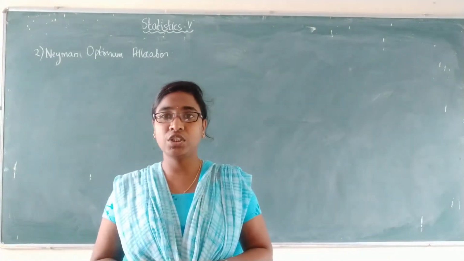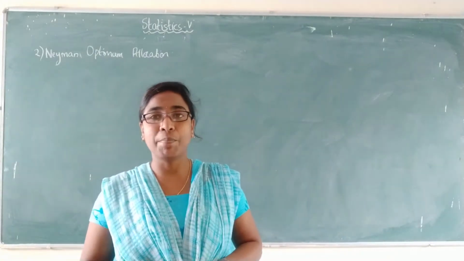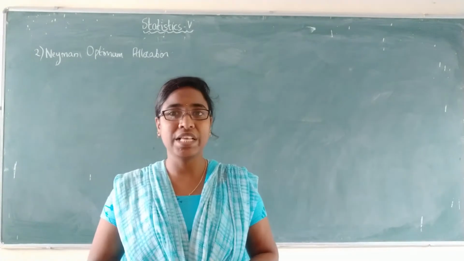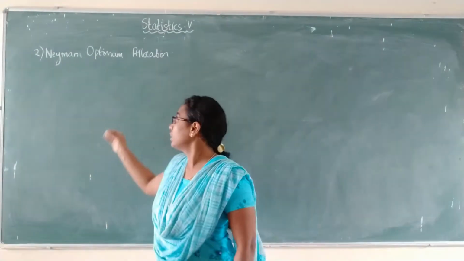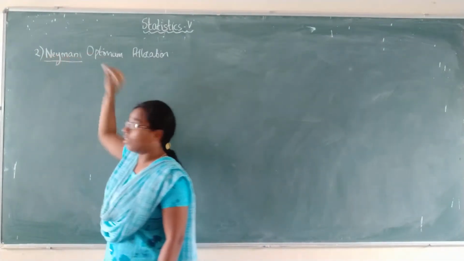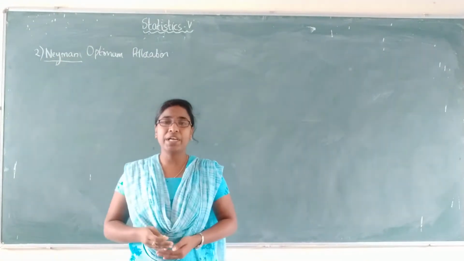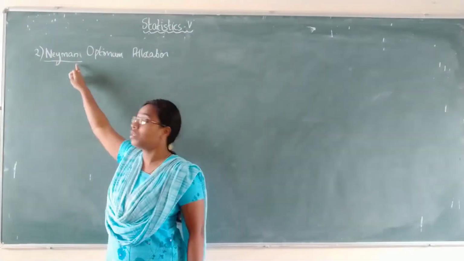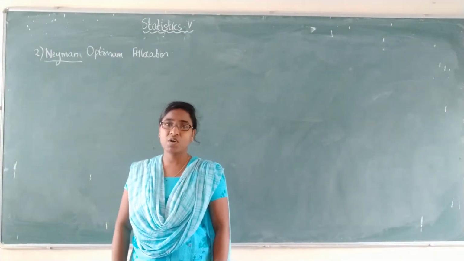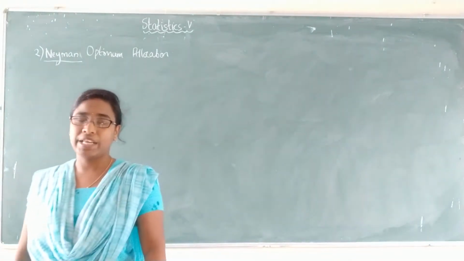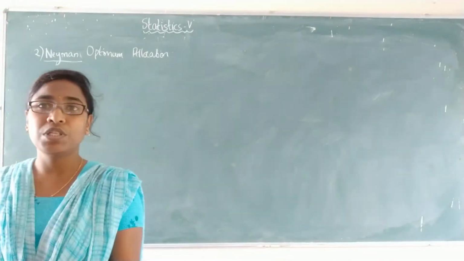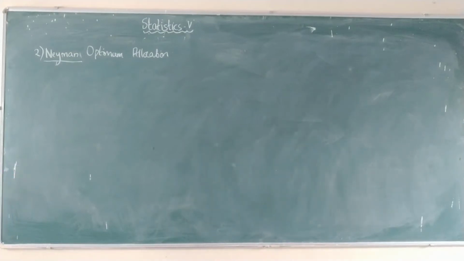This allocation of sample size is dependent on the rules given by the statistician Neyman, so this allocation is called Neyman optimum allocation. What are the rules? We will see them now. There are basically three rules.